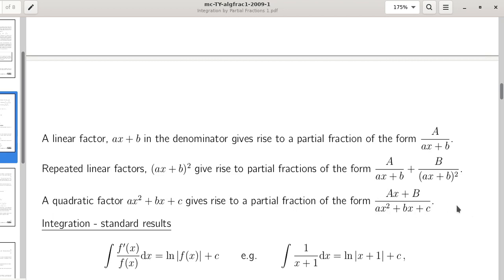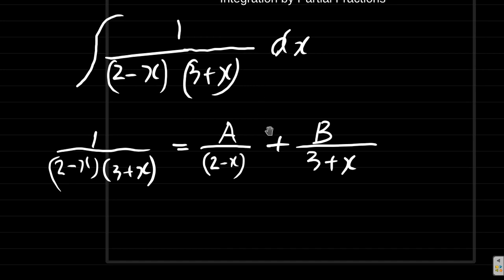Those are the three main formats. But this is the format up here that we are dealing with now. But anyway, back to this.